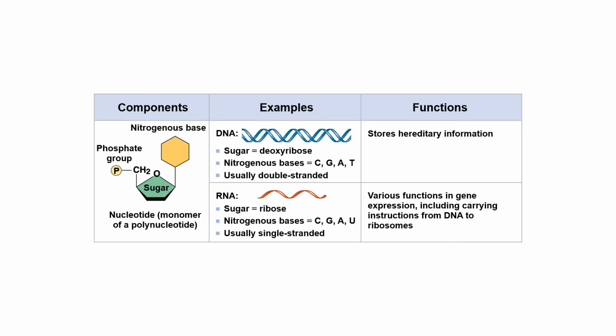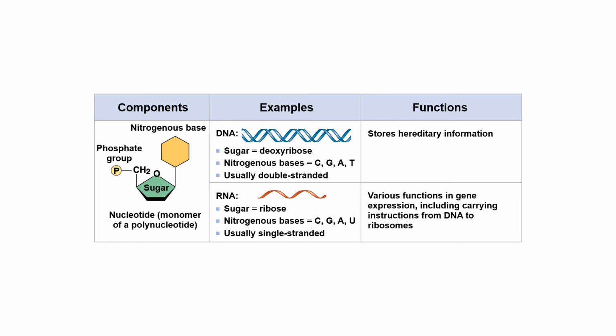DNA is double-stranded polynucleotides, and they are found in the nucleus to store genetic information. The 5-carbon sugar found in the nucleotides of DNA is deoxyribose, and the bases are cytosine, guanine, thymine, and adenine.